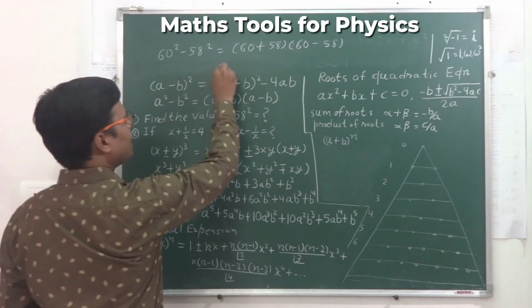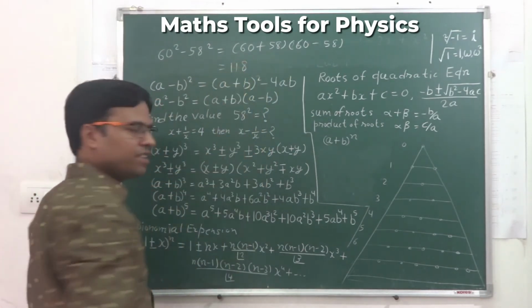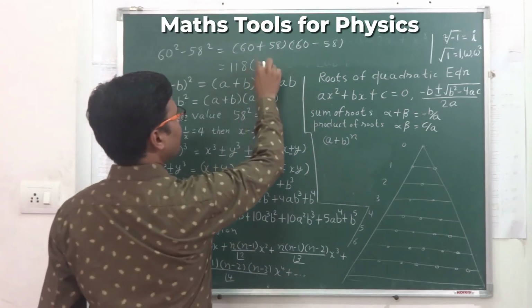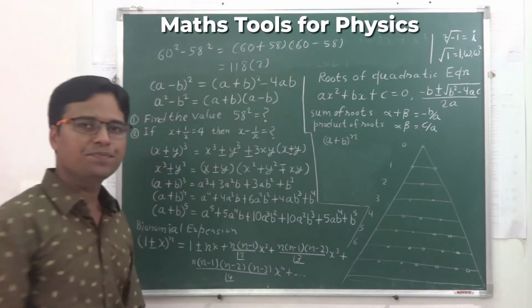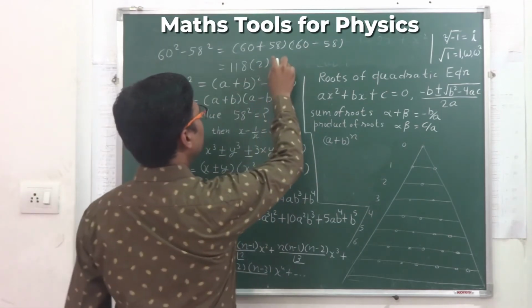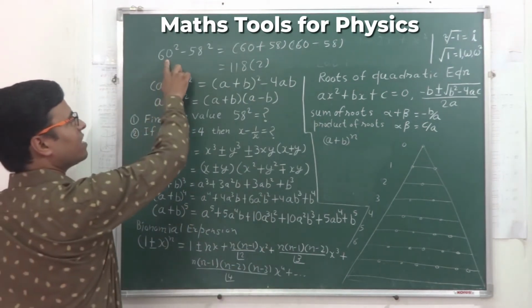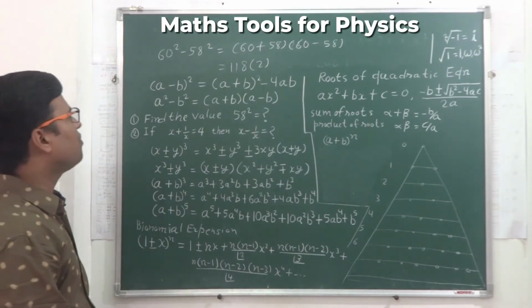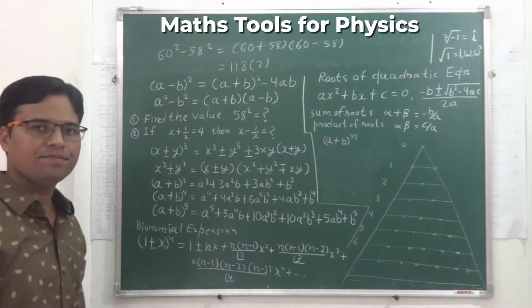How much will you get? It is equal to 118, and multiply it with 2. Now it is equal to 60 square minus 58 square. I want to know the value of 58 square.